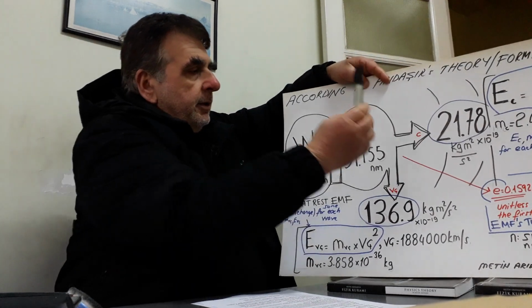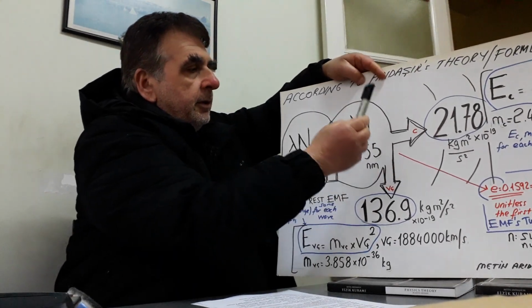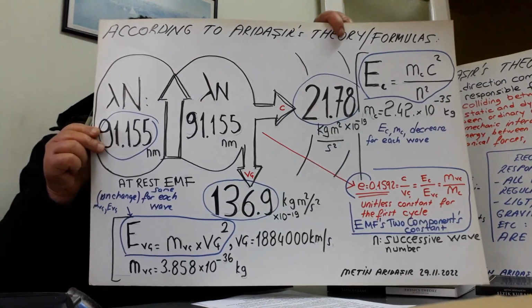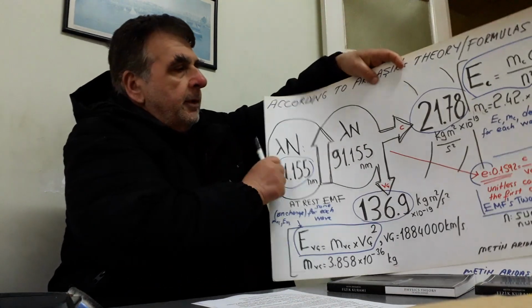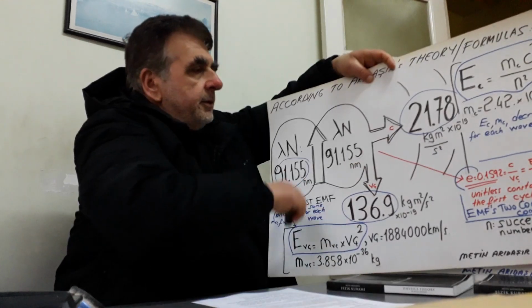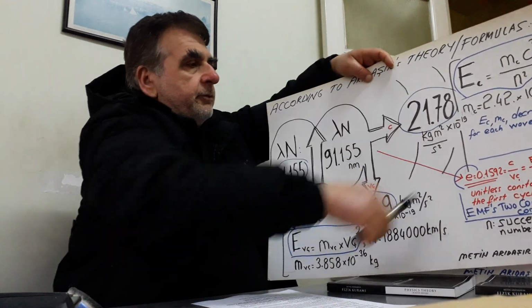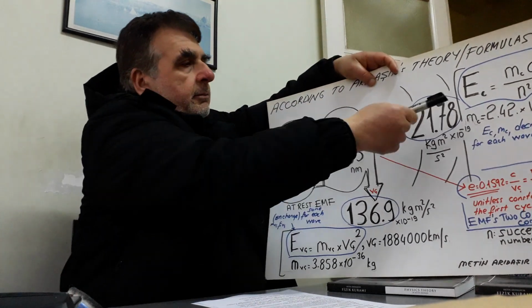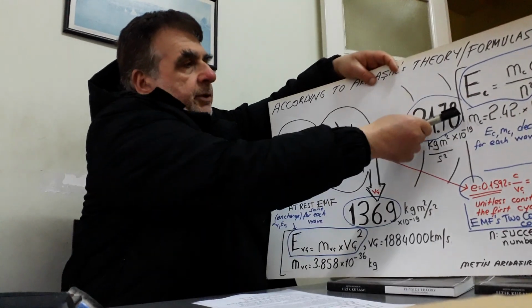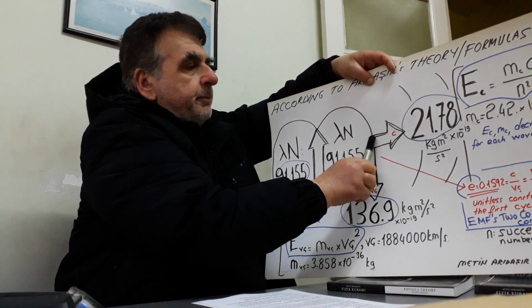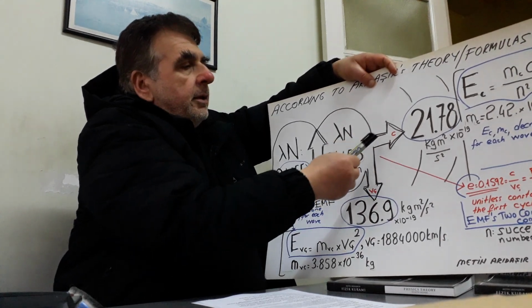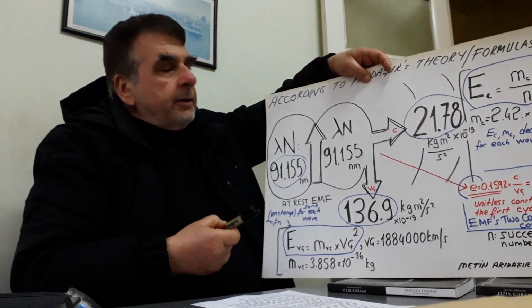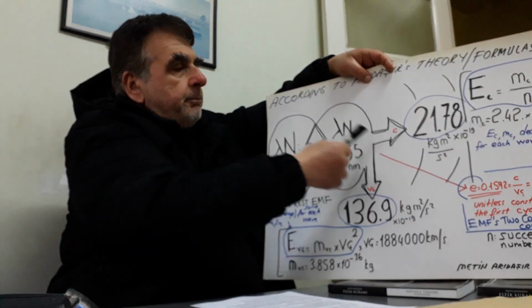This is a point, any point. Here, C, speed of light direction through eternity. C direction component mass, point mass, and C direction component point energy.